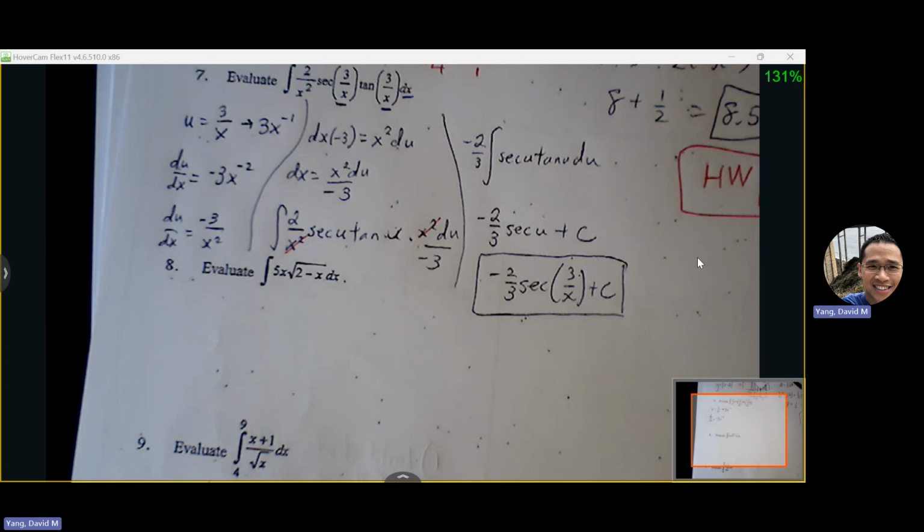Okay, number 8. Evaluate the definite integral of 5x root 2 minus x dx. I do want to point out certain things to look for, especially when you're dealing with a definite or indefinite integral problem, and it could potentially be a U substitution.